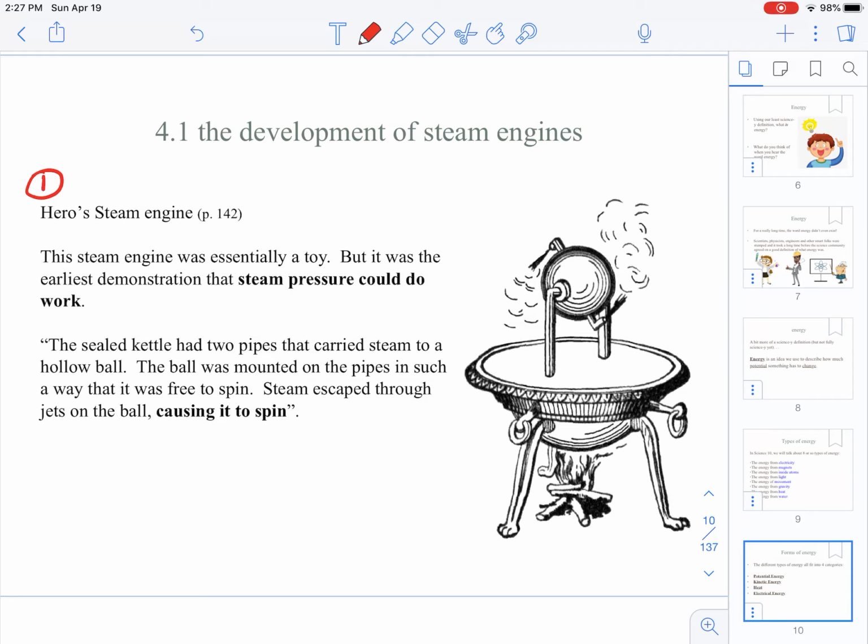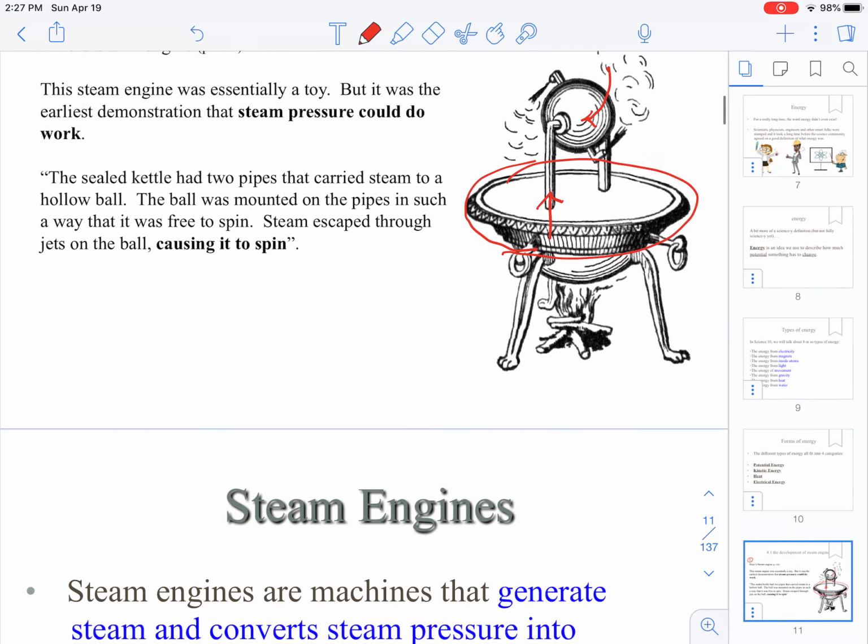Hero's steam engine was just a first look at the fact that the steam building up inside this, what they call a kettle, was going through these little pipes and causing this ball to go spinning, and that was showing that steam could actually cause some motion or some mechanical energy.